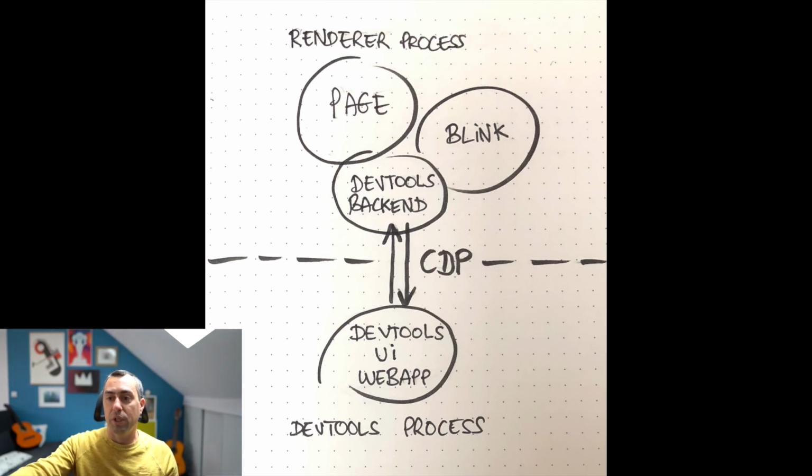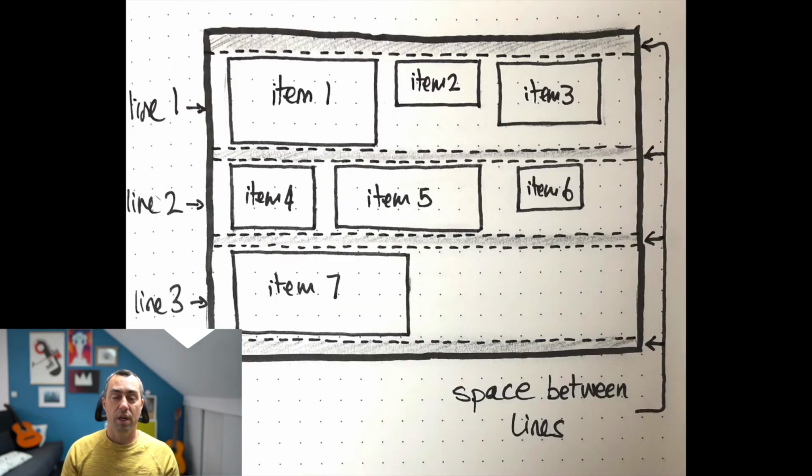One thing that became quite clear, though, is that the layout engine, for performance reasons, is obviously very optimized, and as soon as it doesn't need a specific piece of information, it's not going to keep it around. So one very specific piece of information that we needed was flex lines. In a Flexbox layout, when you have wrapping involved, you may have items that start wrapping into subsequent lines. You can control the space between those lines and whether they stack up at the top or at the bottom or things like that.